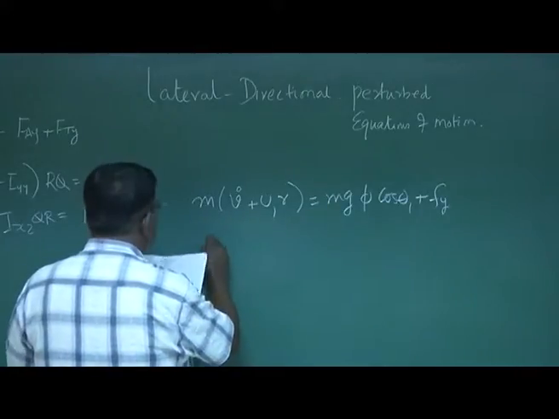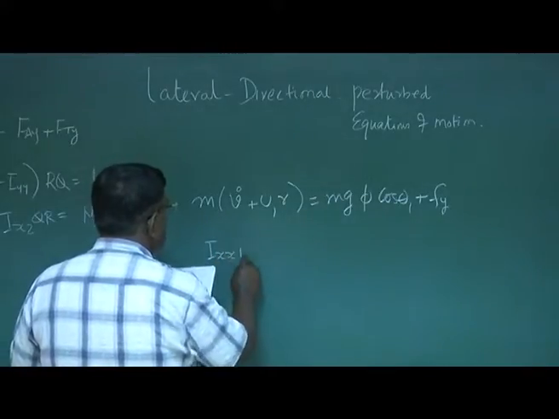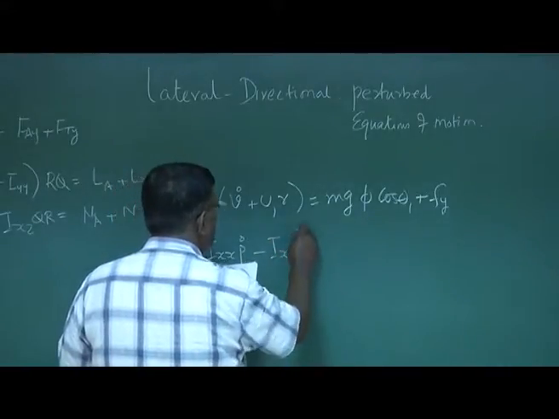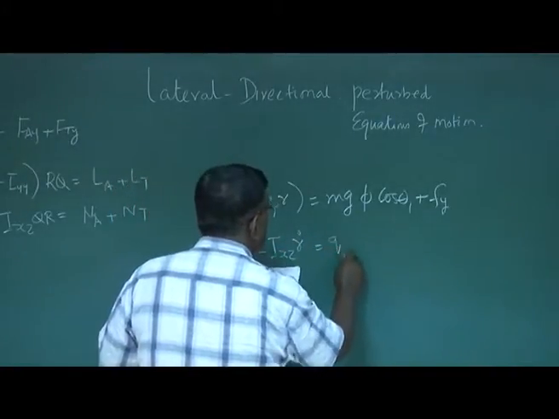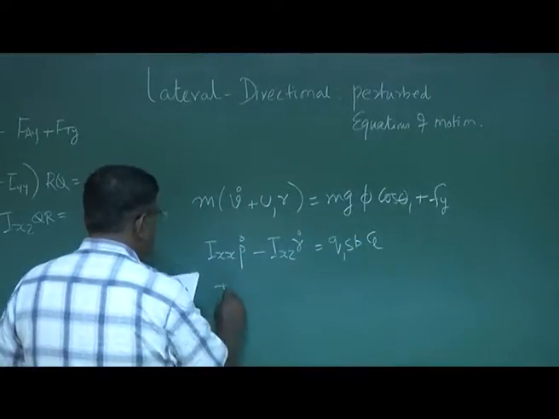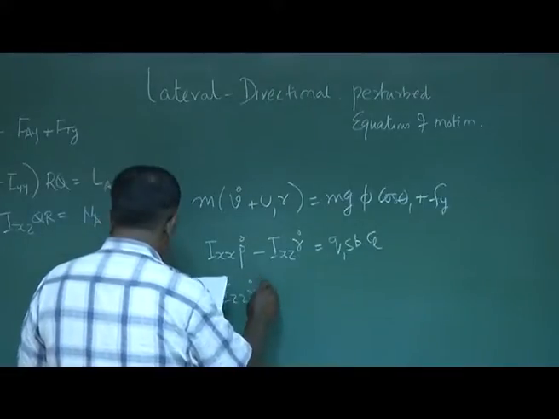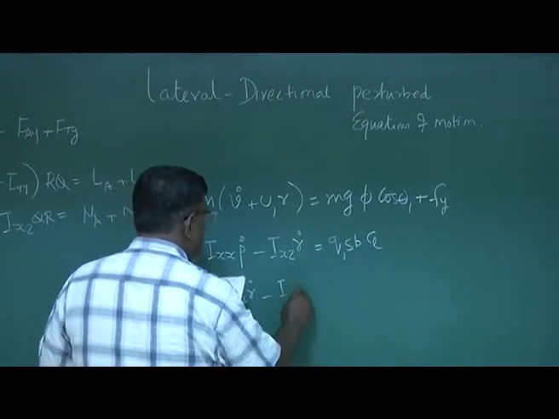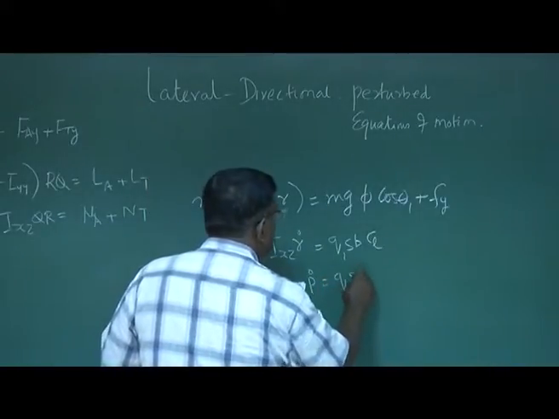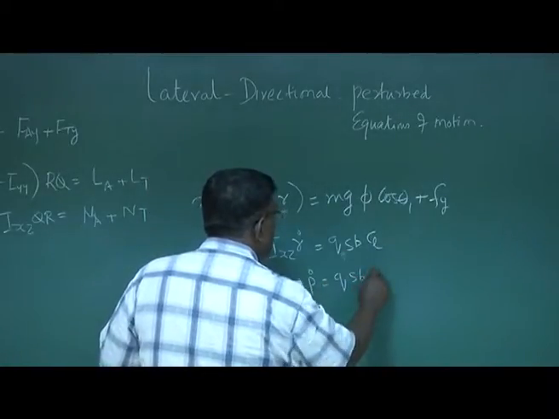Similarly, Ixx p dot - Ixz r dot = q1 S b Cl, and Izz r dot - Ixz p dot = q S b Cn.